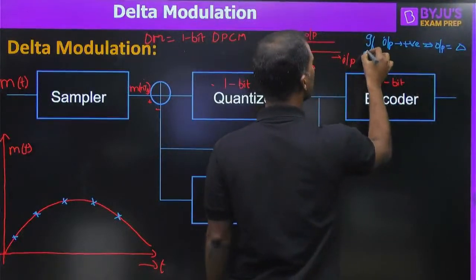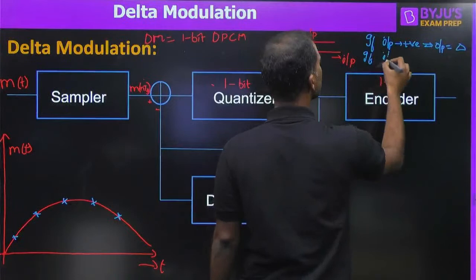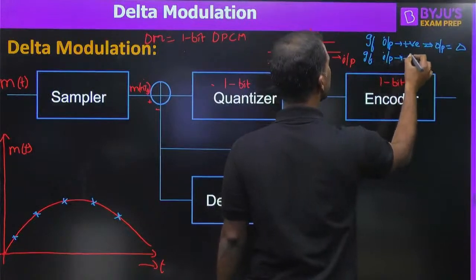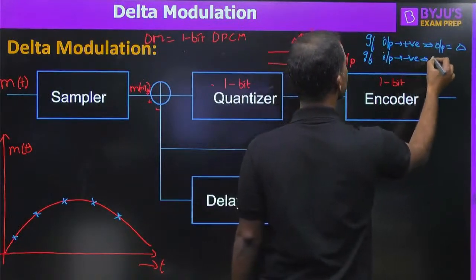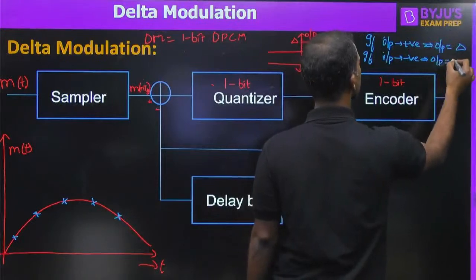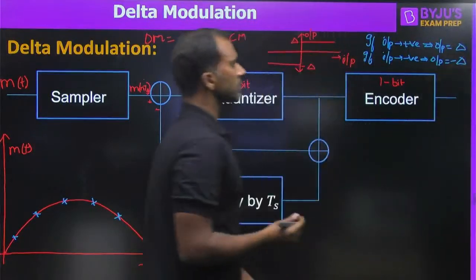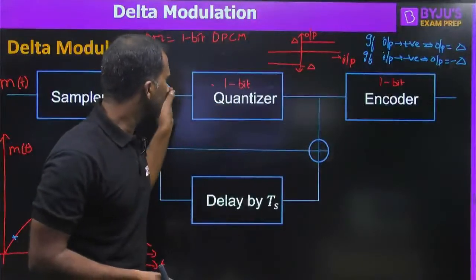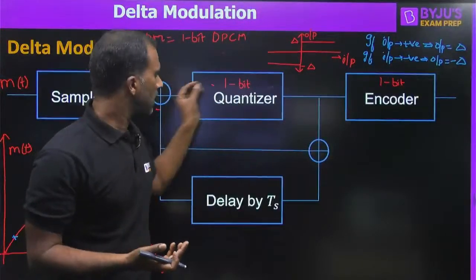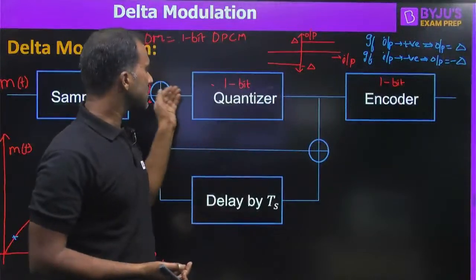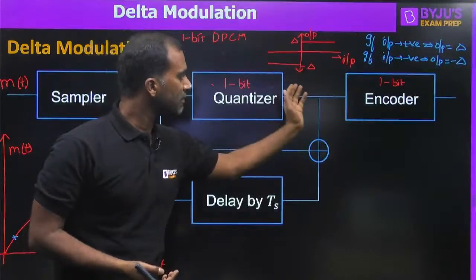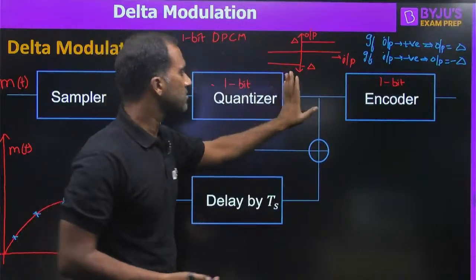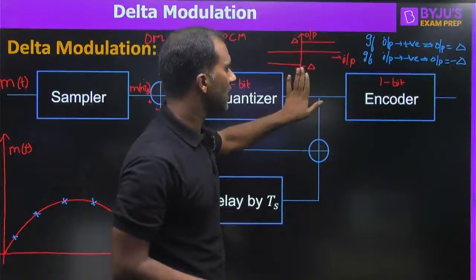And if the input is negative, the output is minus delta. Correct? That is the behavior of the quantizer. If you give any negative value, smaller or bigger, the output will be minus delta. If the input is any positive value, bigger or smaller, the output will be plus delta. So the possible values here are plus delta and minus delta.